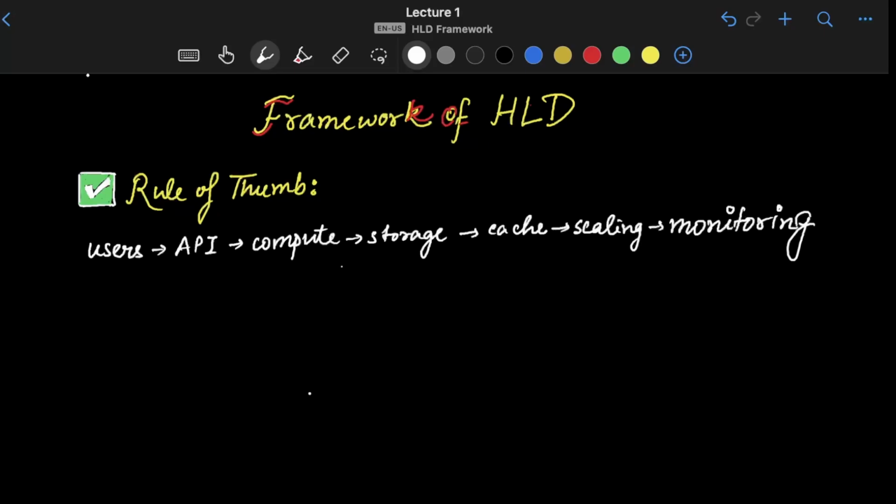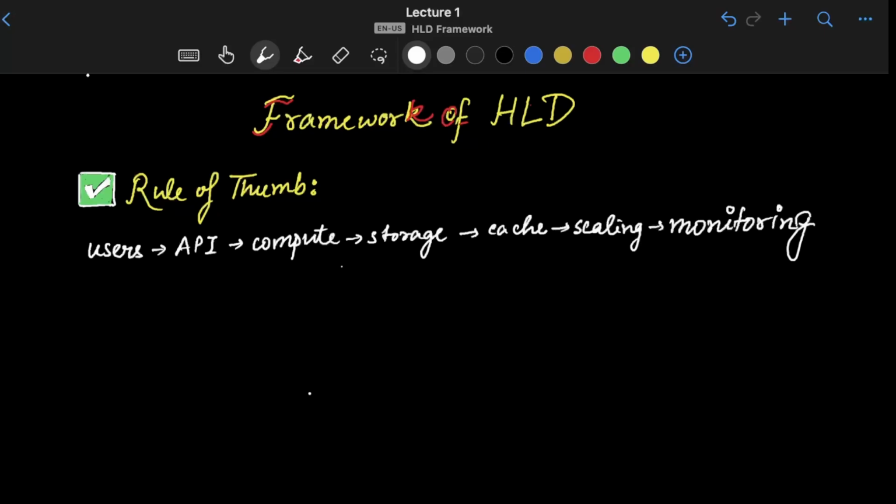In the database, data is stored. Some of the hot data which we want to query more frequently is stored in the cache. Now with more users incoming, we need to scale our system, so we have scaling, and then some additional features like monitoring to get the logs if there is an error, to check the working of the entire system and all. So this is monitoring.